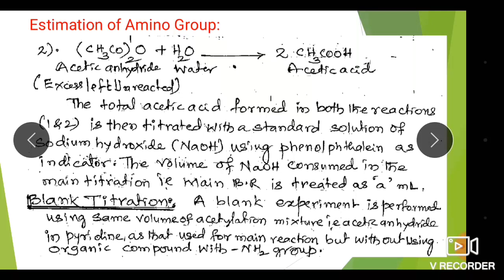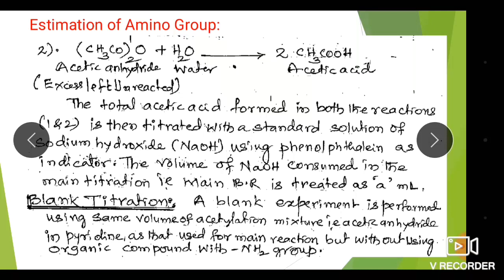After the hydrolysis of the unreacted acetic anhydride, the amount consumed is calculated. So the total acetic acid formed in both reactions 1 and 2 is then titrated with a standard solution of sodium hydroxide using phenolphthalein as an indicator.